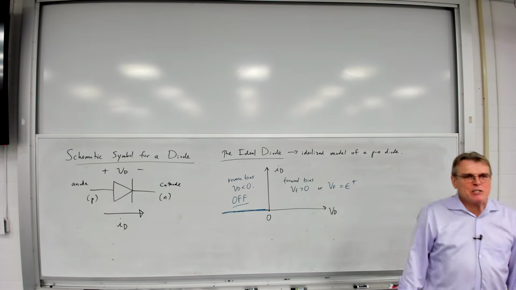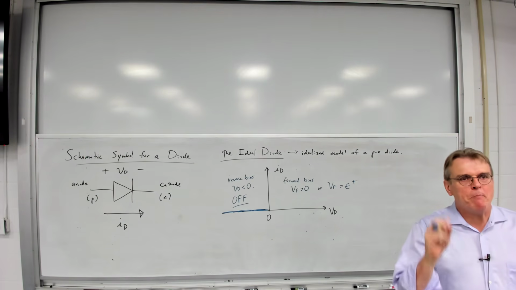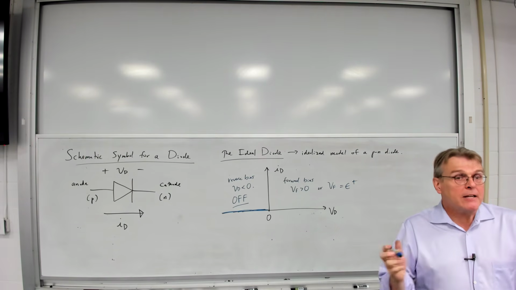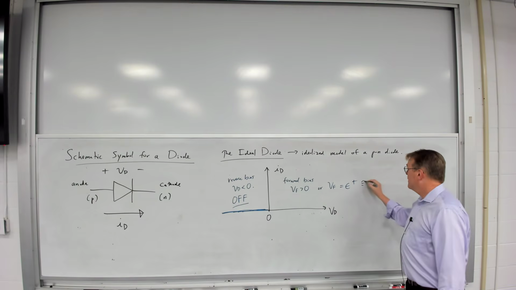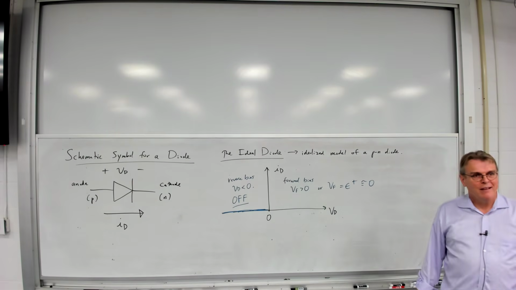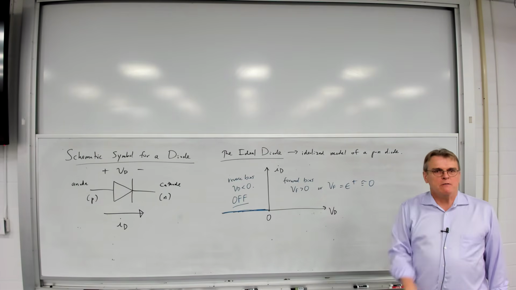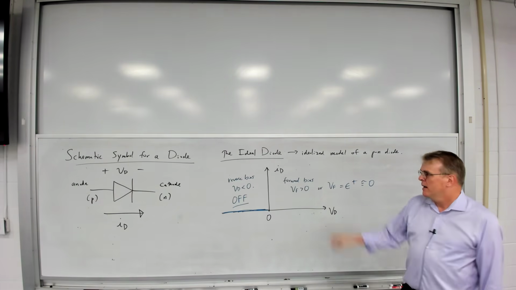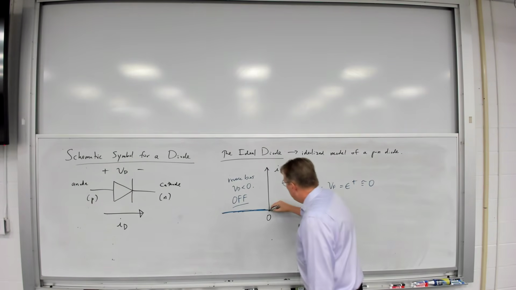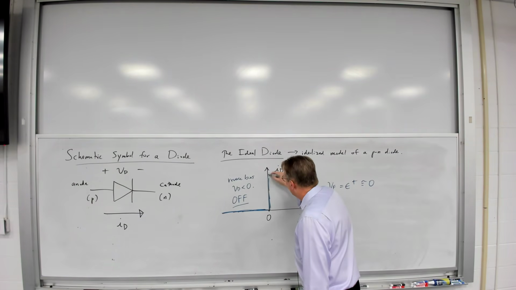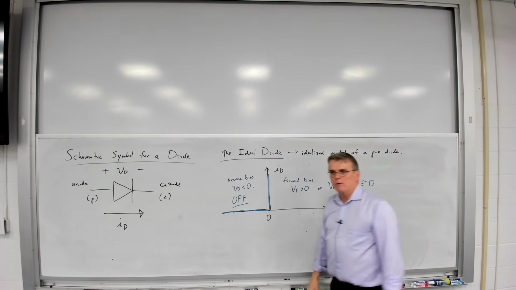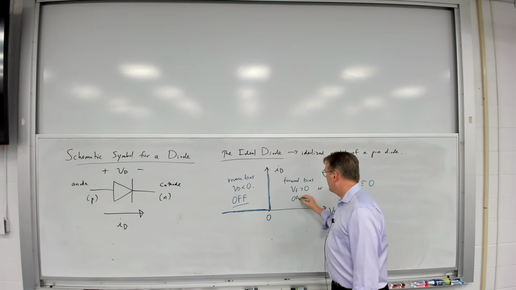It's an infinitesimally small positive value, effectively just 0. And when we have this infinitesimally small positive voltage across the diode, we say it's in forward bias, and then any amount of current you want will flow through that diode, or it's on.